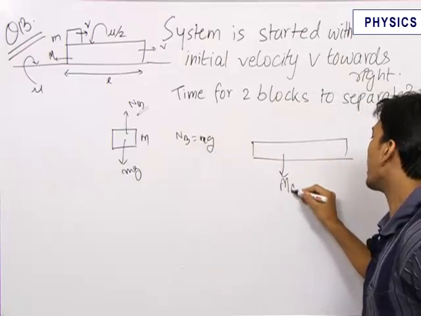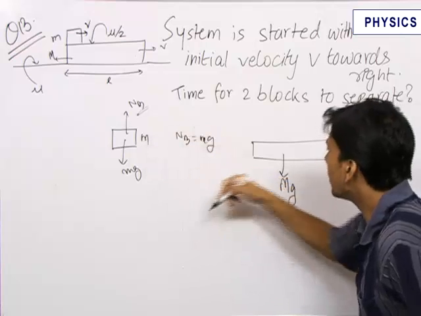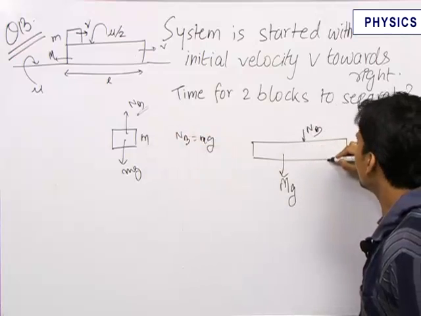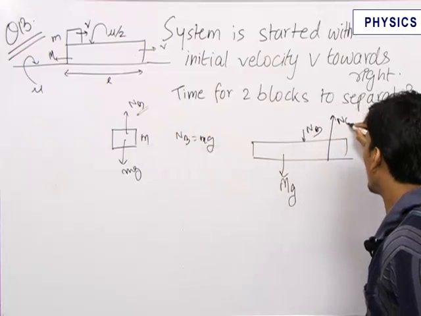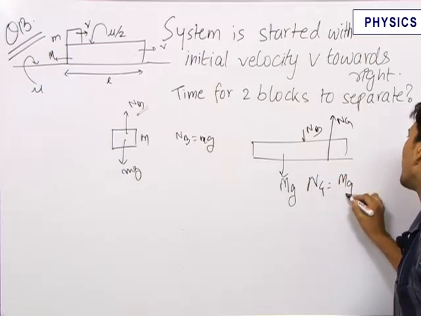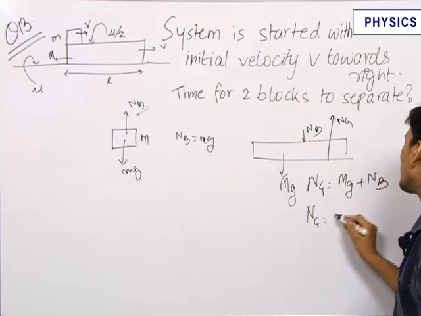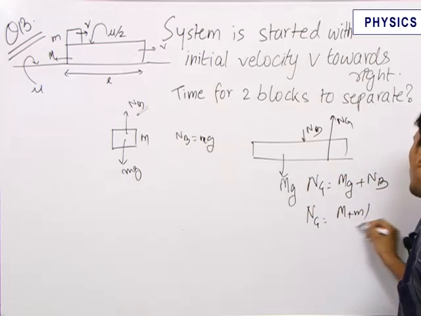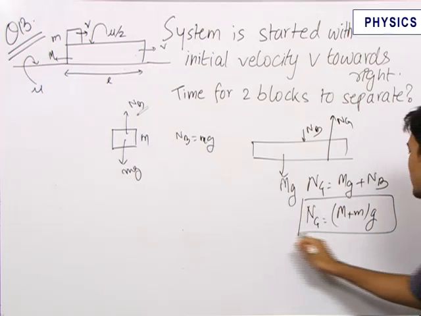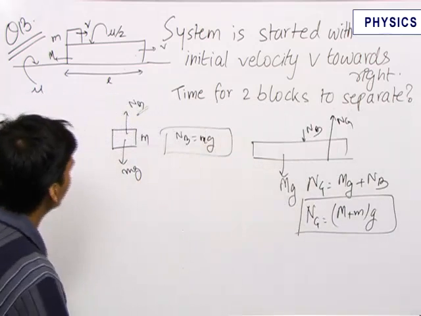The lower block experiences Mg in the lowermost direction, a normal reaction by the upper block on the lower block that is equal to Nb again, and a normal reaction by the ground on the lower block that is equal to Ng. Therefore Ng is equal to Mg plus Nb. Therefore the normal reaction by the ground is equal to (M plus m) into g. We will keep in mind these two normal reactions to find out the frictional forces in the future.